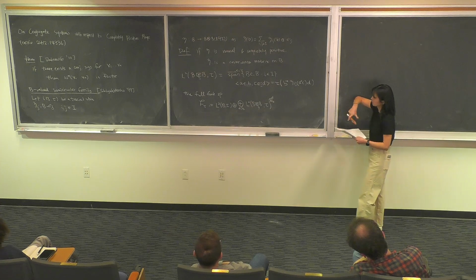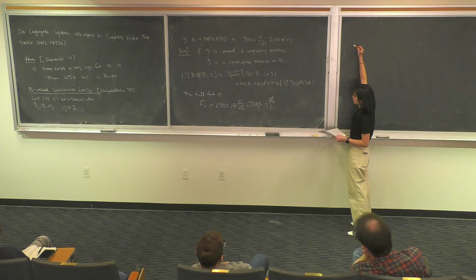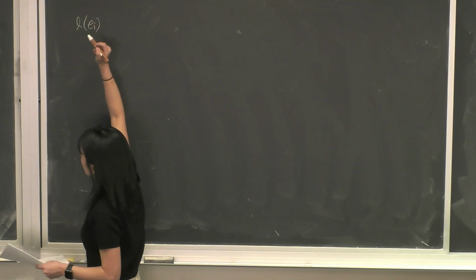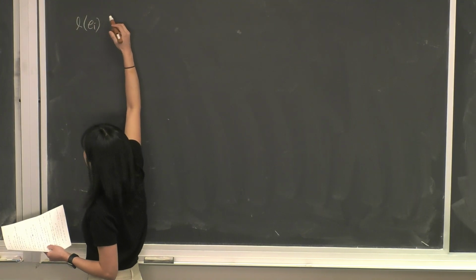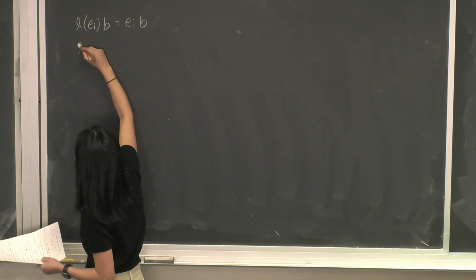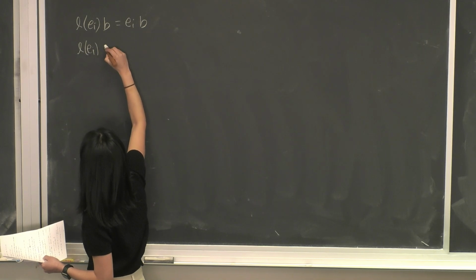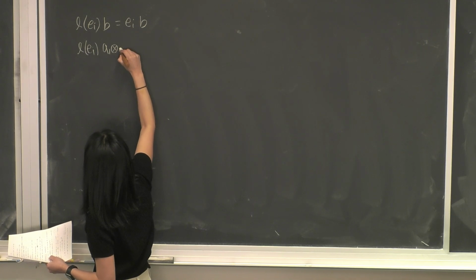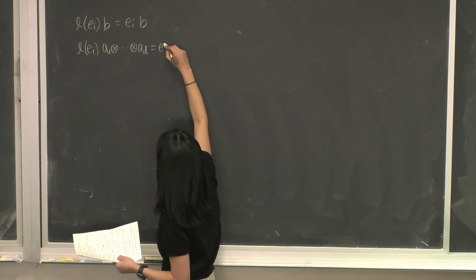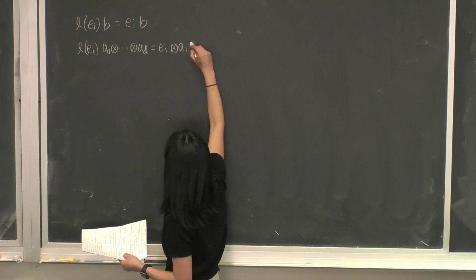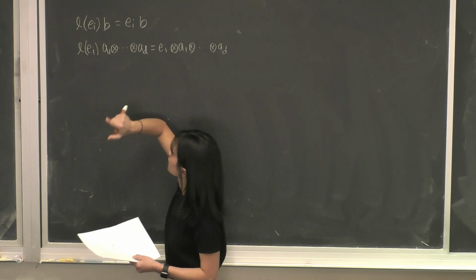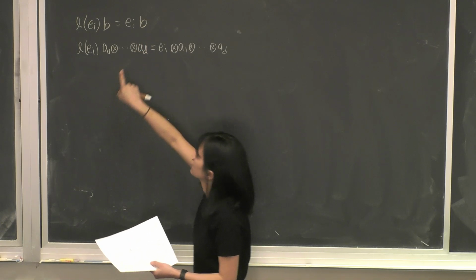Then on this full Fock space, we can define the left creation operator, which is defined as this. What this does is it increases the length of the word.